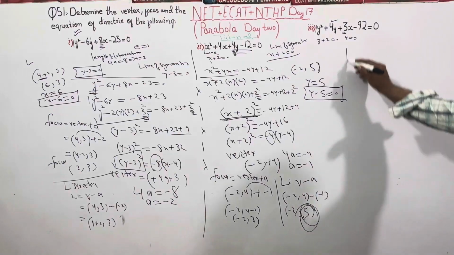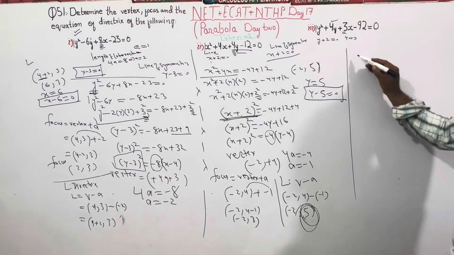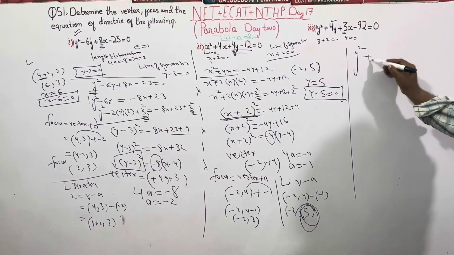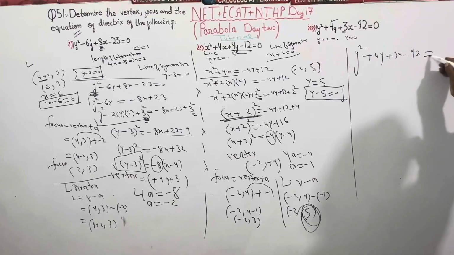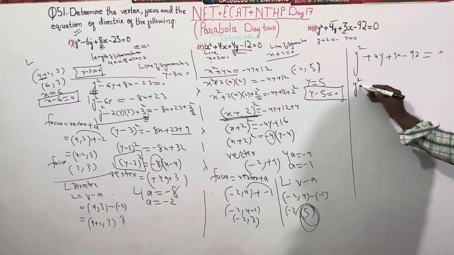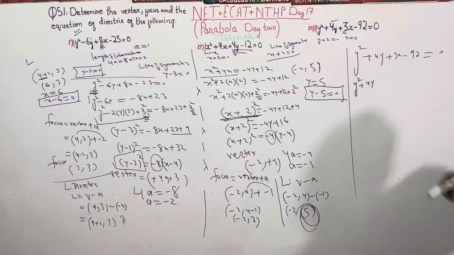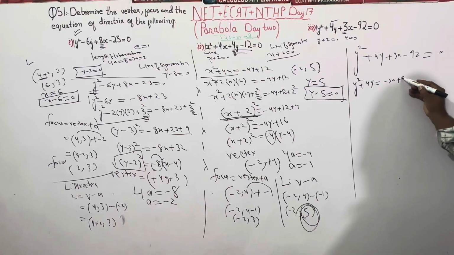Final question, another overview again, having square in y: y square plus 4y plus 3x minus 92 is equal to 0. So square in y, make it a perfect square. y square plus 4y, shift 3x and 92 to the right hand side: minus 3x plus 92.